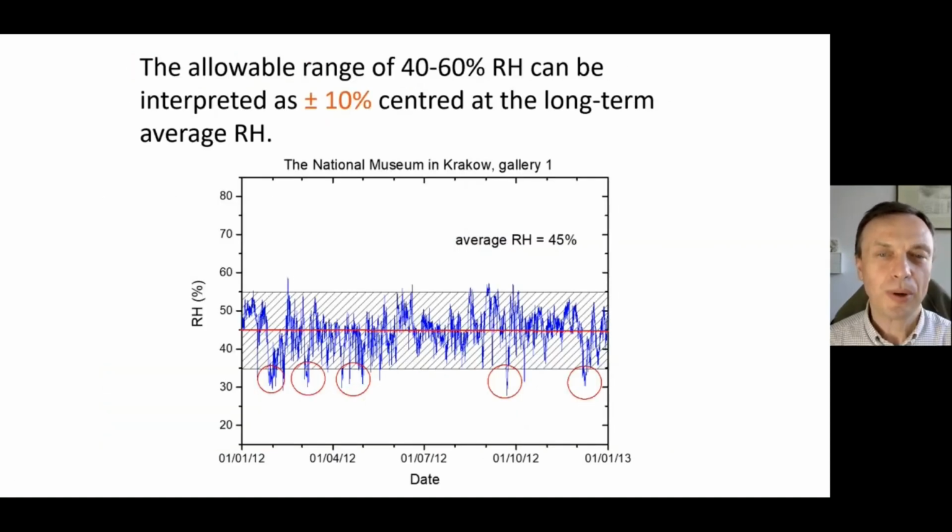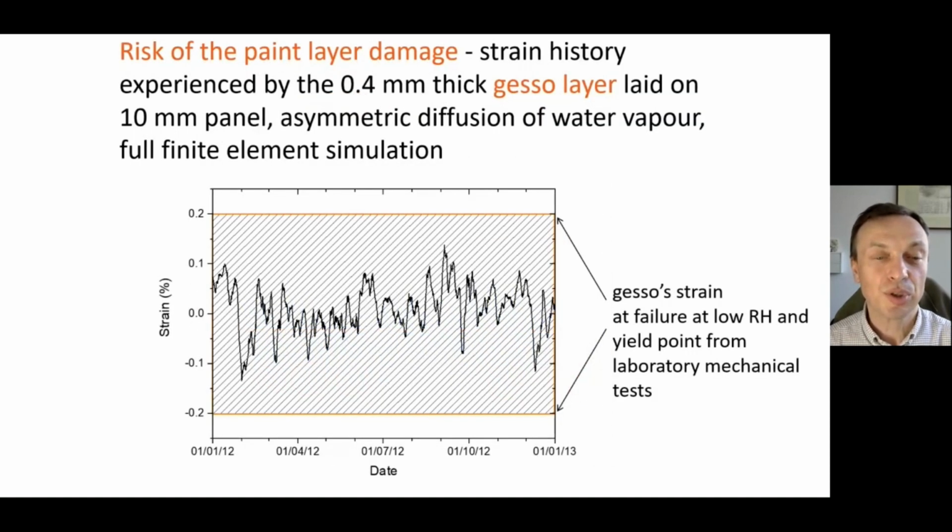So let's return to our question: is this climate safe for the object? Is it acceptable for the object or not? I have shown how to build the model, what the basic steps in the modeling are, and let's look at the results now. Here you can see the strains, which are compared with the gesso critical strain at failure at lower relative humidity, or yield point, which are our critical values.